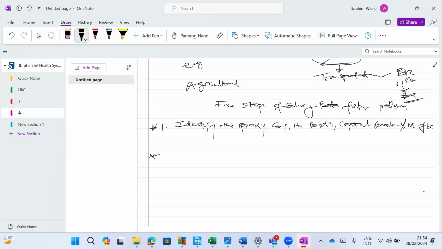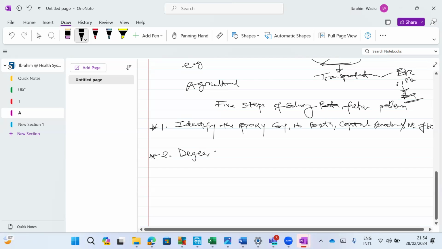Yes, sir. Okay, so now once I have this information, since I'm looking for beta assets, the next step is what you call either ungeared or geared, sometimes we will tell you geared, while some will say ungeared. Okay. Beta equity.